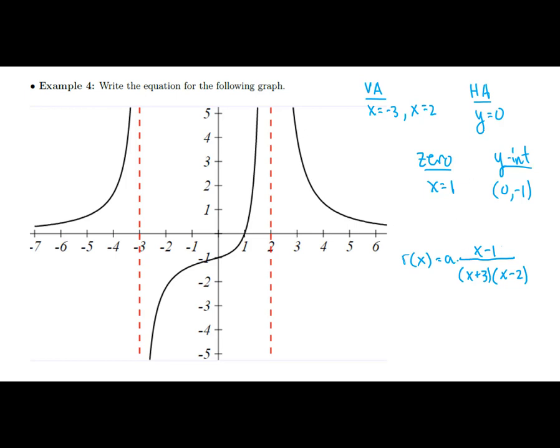Okay, so the only other thing that we should pay attention to, and this is really kind of a tricky thing, is that notice that the graph stays positive from the left side to the right side of this vertical asymptote.